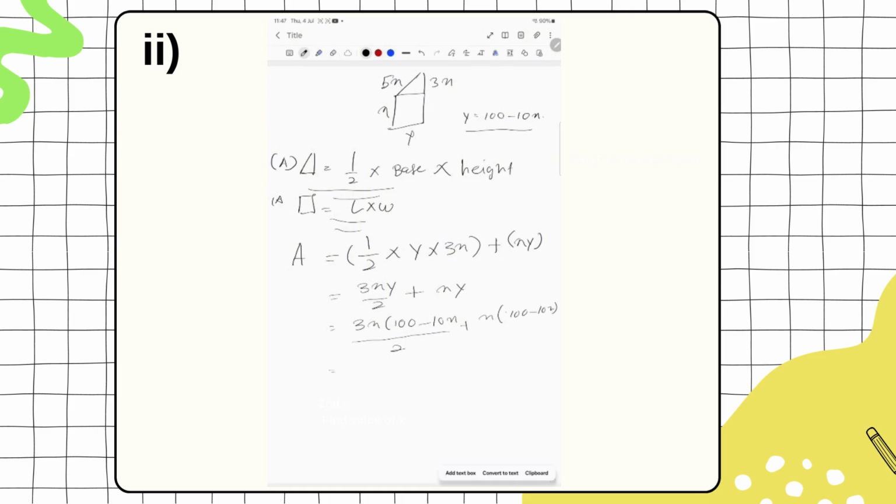Simplify the equation so that we get (300x minus 30x squared) over 2 plus 100x minus 10x squared. And then 300x divided by 2 is 150x, minus 30 over 2 is 15x squared, plus 100x minus 10x squared. And then easily add 150x plus 100x, so that we get 250x minus 25x squared. The final answer is 125x minus 25 over 2 x squared.